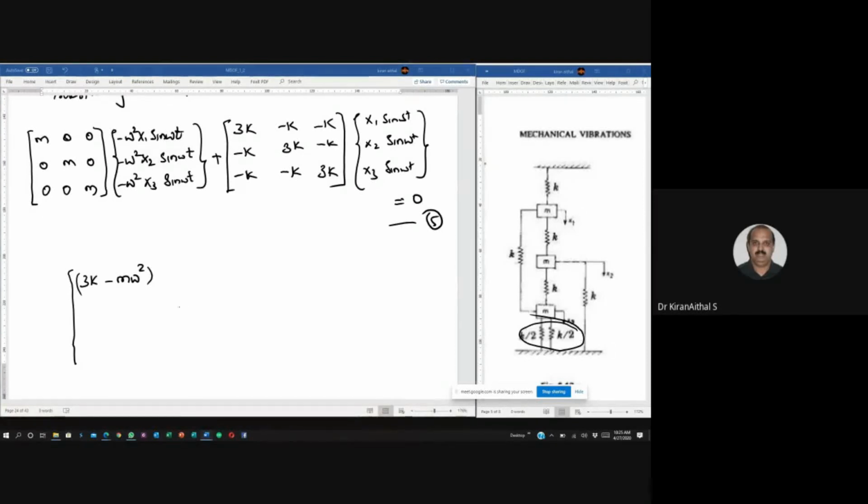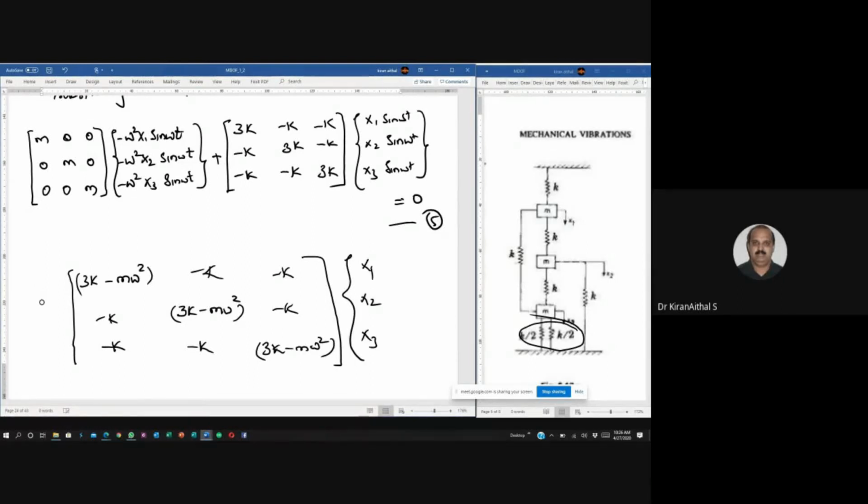Same thing here also, 3k minus m omega square, 3k minus m omega square. And all others will be minus k. And this multiplies x1, x2, x3 is equal to 0. Let's call this equation number 6, right?